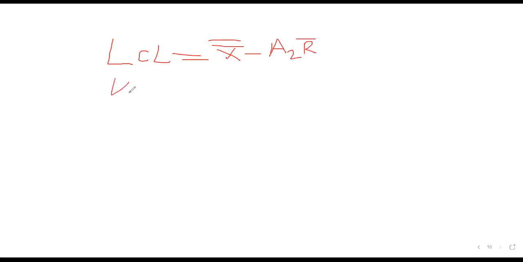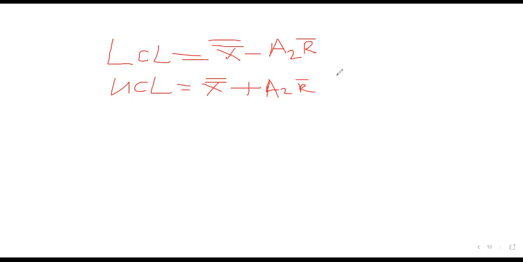Then the upper control limit is equal to X bar 2 plus A2 R bar. This is what goes on.